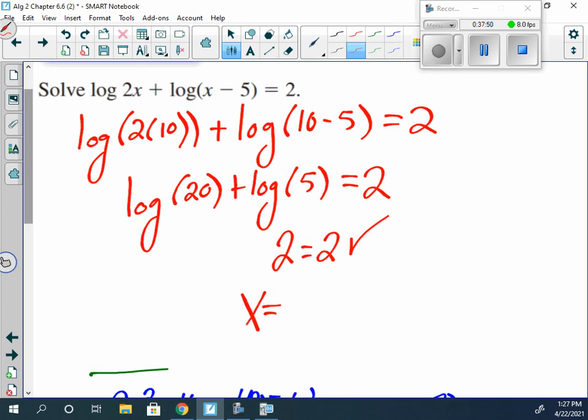So I see here x is equal to 10 is our solution. X is equal to -5 is one of our extraneous solutions. It is a solution that we do get from solving it, but it does not work in the original problem. Any questions on any of this?